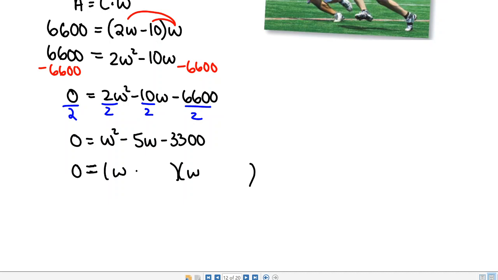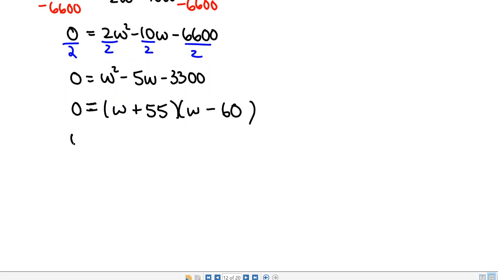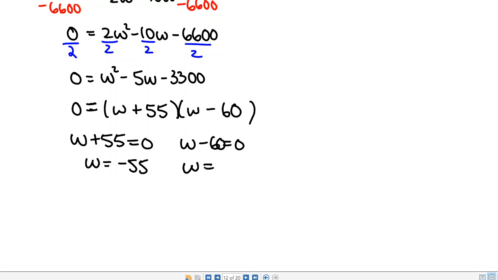So if we go plus 55 and minus 60, that would end up giving us the minus 5W, so that's great. Take each factor, set it equal to 0, and then solve. So W equals negative 55, or W equals 60.